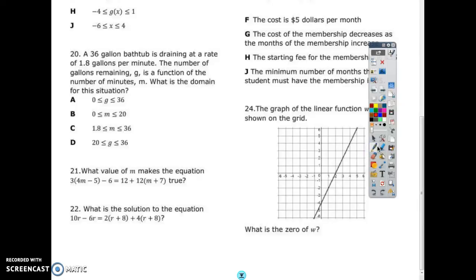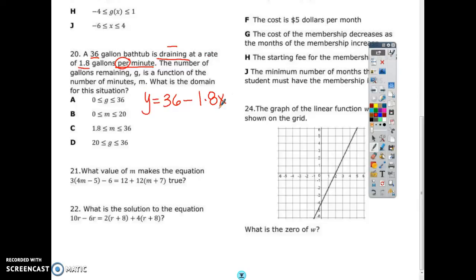Okay, on the next page, now we're on problem number 20. This is really, really, really easy if you can make the equation and put it in decimals. Okay? It says a 36-gallon bathtub is draining. So we started with 36 and it's draining, that's minus. So y equals 36 minus at a rate of 1.8 gallons per minute. Because it has the word per, that's the one that's going to have the x next to it.